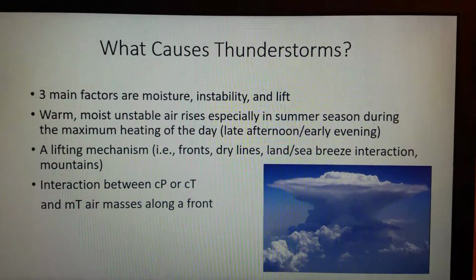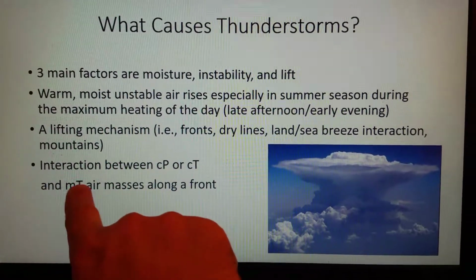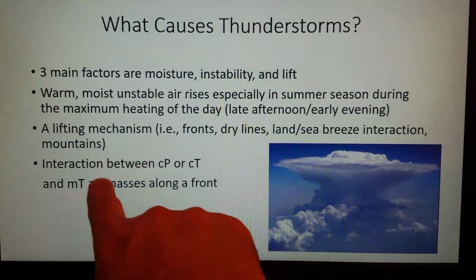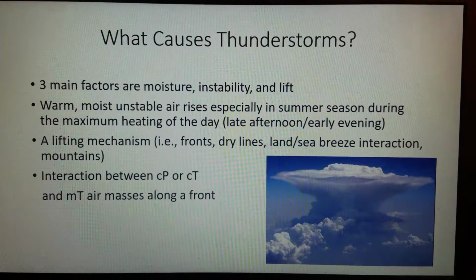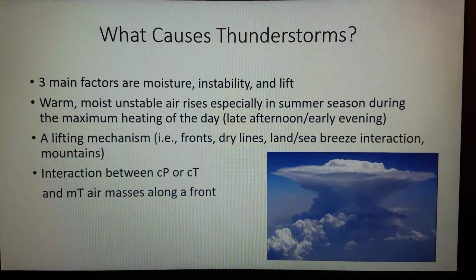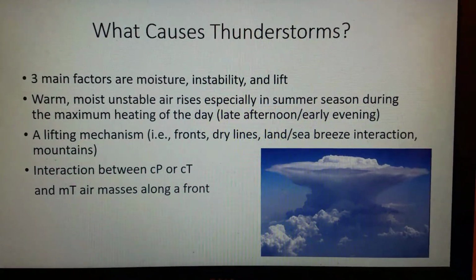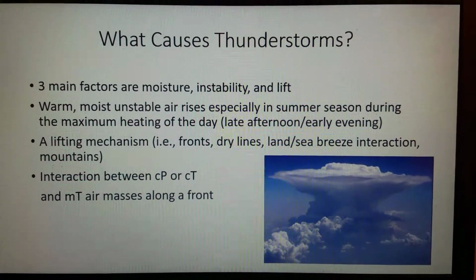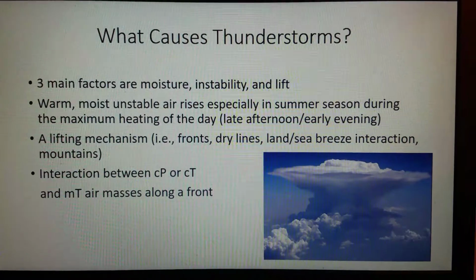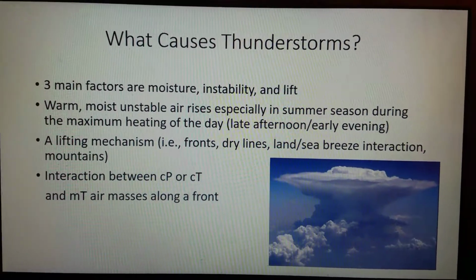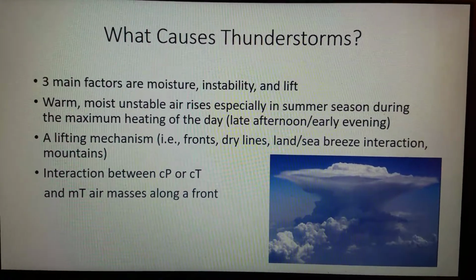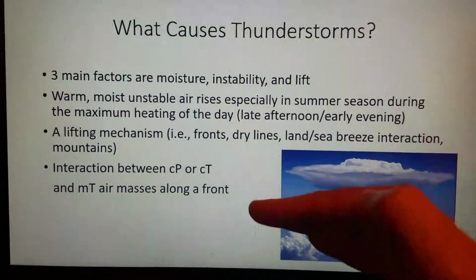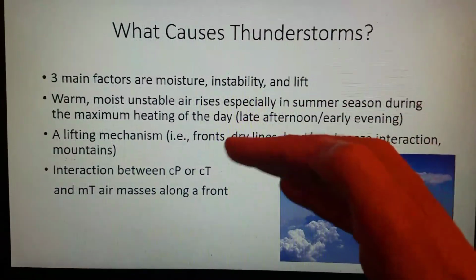When we talk about frontal systems, we talk about air masses moving from one side of the front to the other, mainly the cold air, the continental polar air, or possibly a dry, hot continental tropical air mass, moving into a warmer, moist, unstable maritime tropical air mass right out ahead of the front.